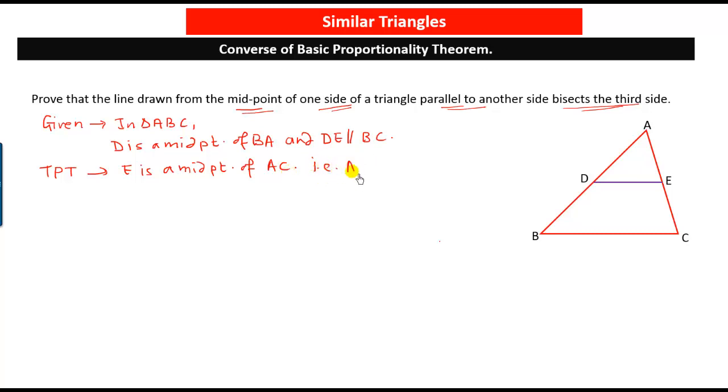That is, we have to prove AE is equal to EC.